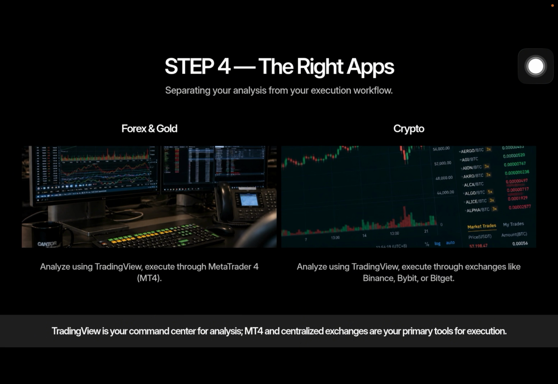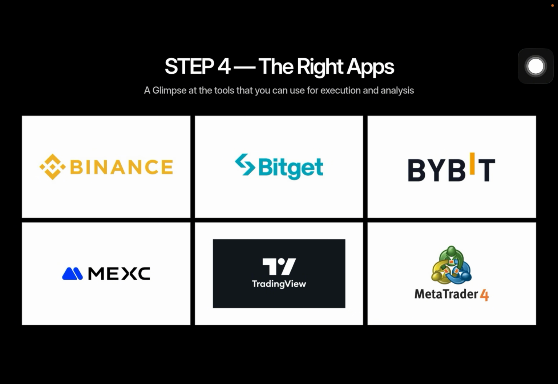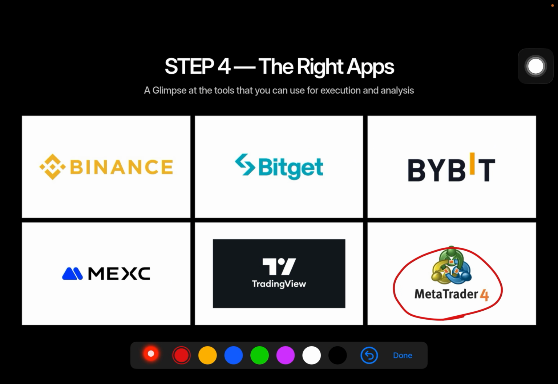It is using the right application for your trading. There will be 2 parts: one is for Forex and gold, and the other one is for crypto. Here I will be showing the applications that I am using for both. For Forex and gold, I'm using MetaTrader 4.